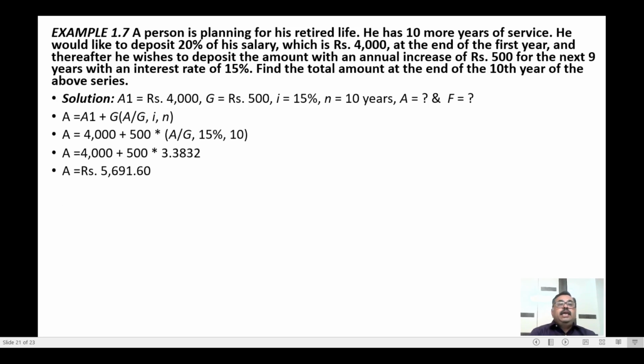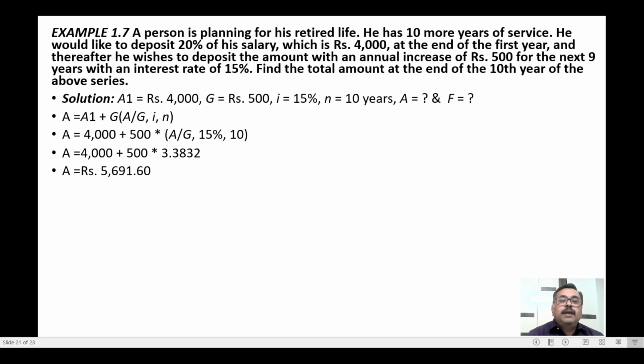A is equal to A1 plus G into A bar G comma I comma N. A1 is the initial amount that he is paying, and G into A by G is the equivalent gradient payment. G is 500, that is given. I is 15% and N is 10.